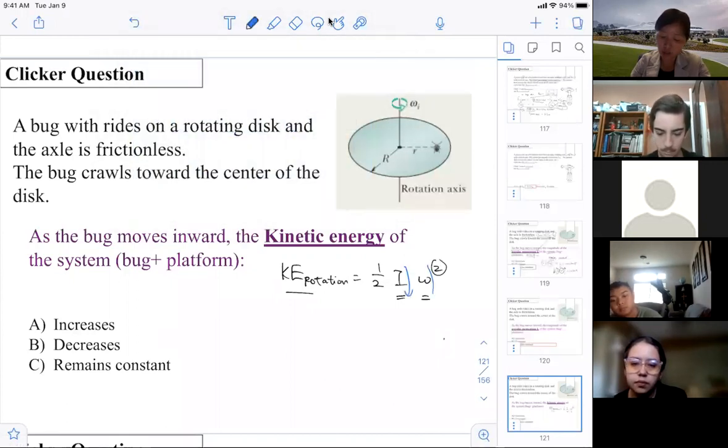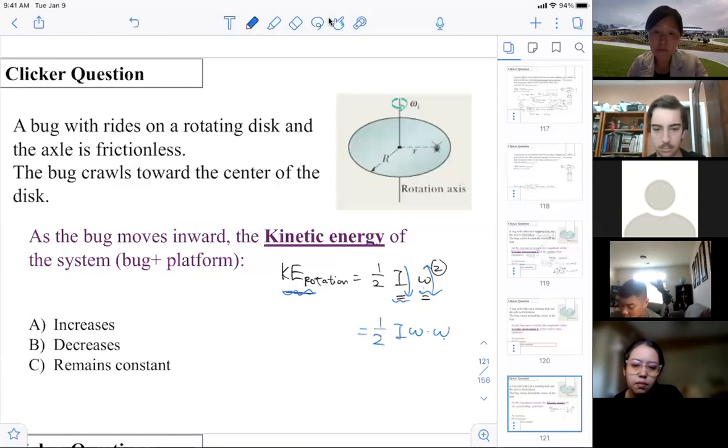You might wonder just how much I affects K and how much omega affects K. Omega is to the power of two, so maybe the increase in omega makes a little bit more difference in the kinetic energy. To reason that more rigorously, let's write I omega squared into I times omega times omega. I'm going to group I and one of the omega together. What is that?